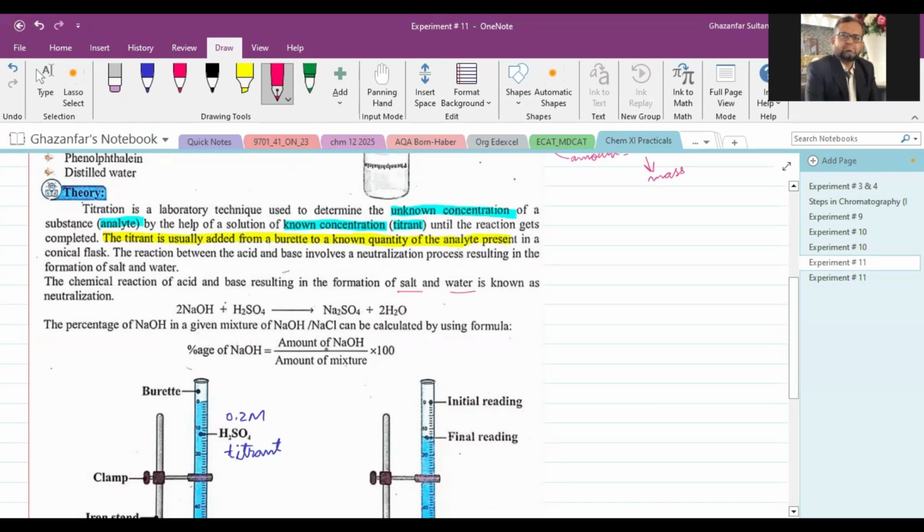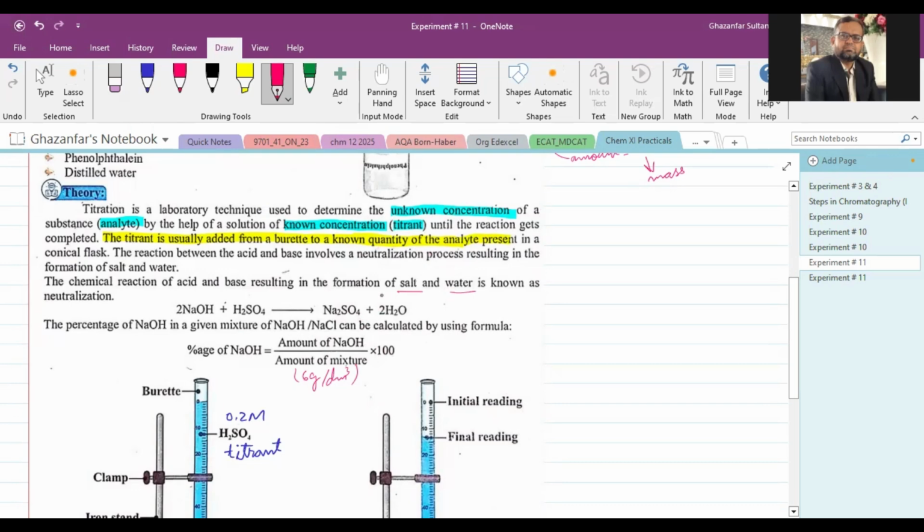And then we will calculate the percentage by using this formula. The percentage is the amount of sodium hydroxide present over the amount of mixture, and we know that this amount of mixture is 6 gram per decimeter cube. The amount of sodium hydroxide can be found after the completion of this procedure. So now we will see the calculation.